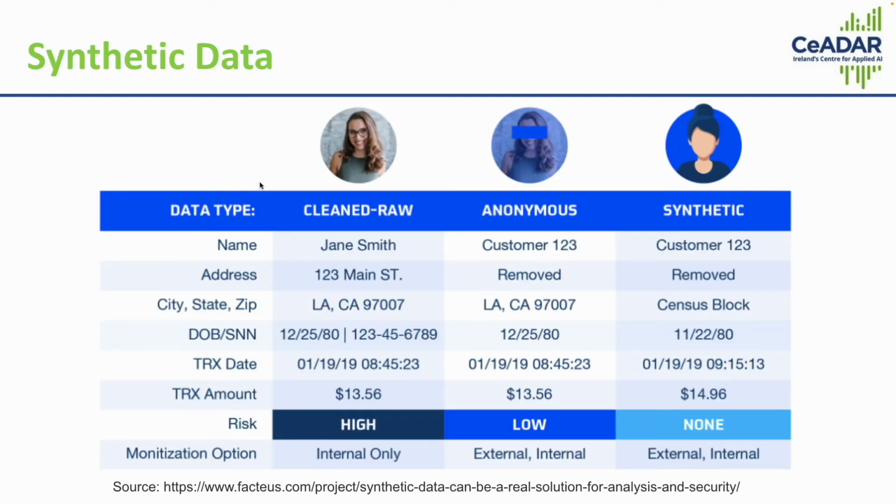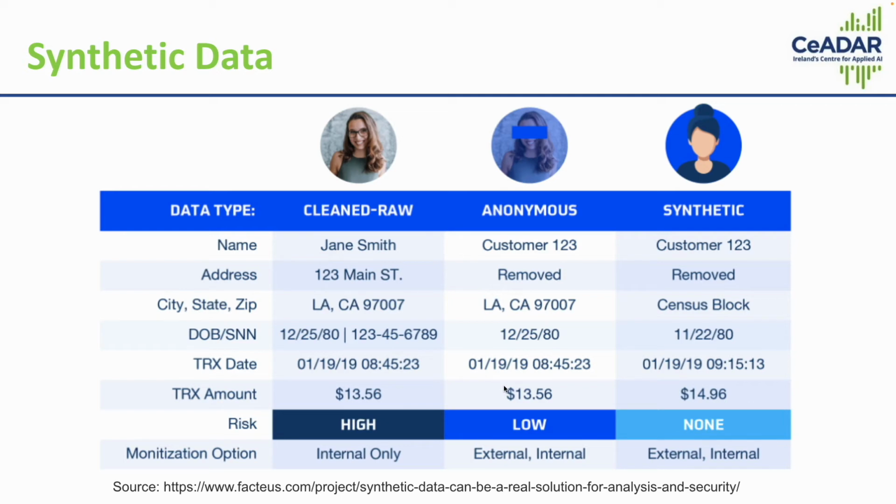To show differential privacy in practice, we'll take the example of the synthetic data we used earlier. Suppose we had this data set where the transaction amount of each person was given. So this transaction amount, let's say, is 13.56. And let's say these are three people in that database. And the analysis which we do on the dataset is to ask what is the total transaction amount for the dataset. So we can add these three. But then we also have a dataset 2 where we have only these two entries, 13.56 and 14.96. And we do the same analysis. And now we get the sum of these two transaction amounts.